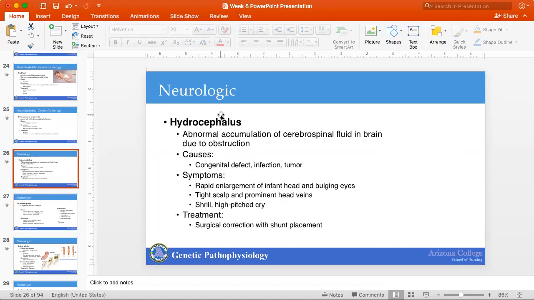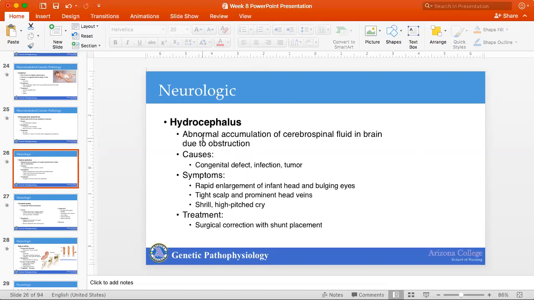Another thing on hydrocephalus, the reason why you'll see hydrocephalus with children is because the bones in their skull haven't calcified yet. So, as many of you have had children or work with children, their head is still moldable.